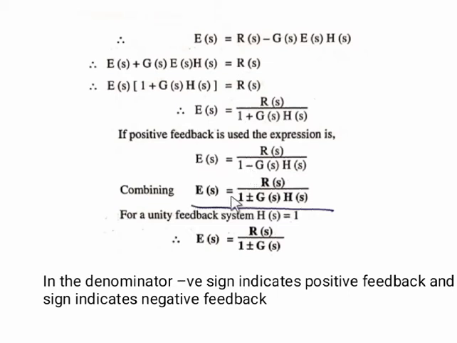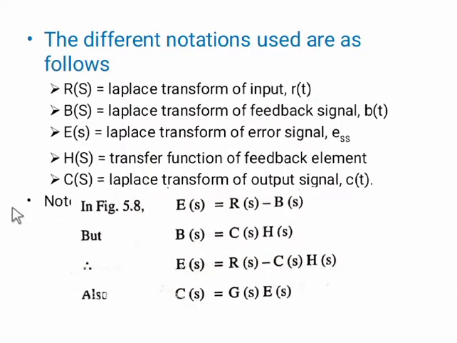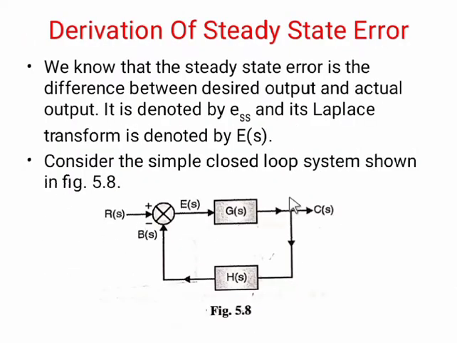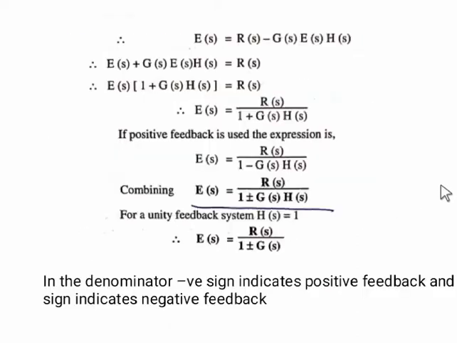So in general, E(s) equals R(s) by 1 plus or minus G(s) H(s), plus for negative feedback and minus for positive feedback. And for unity feedback, that means the feedback becomes 1, so H(s) equals 1.